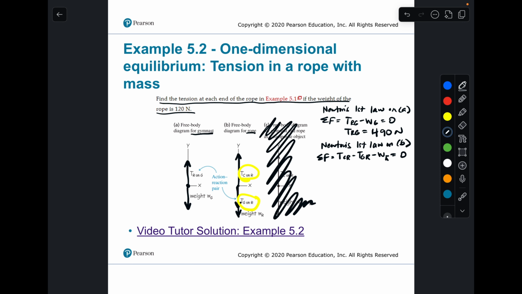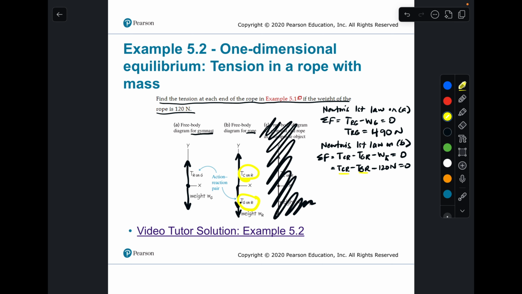So we have two unknowns, right? Because we know the weight of the rope, which is 120 newtons. Right, we have two unknowns. Is there any information that we have that we could use to get rid of one of the unknowns? And the answer is yes.